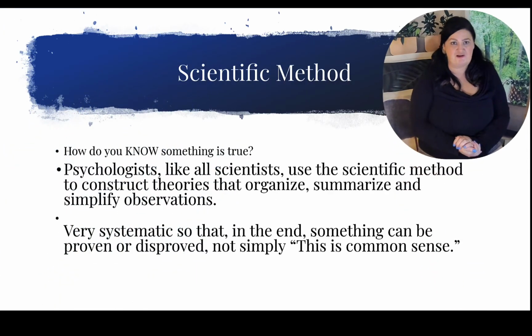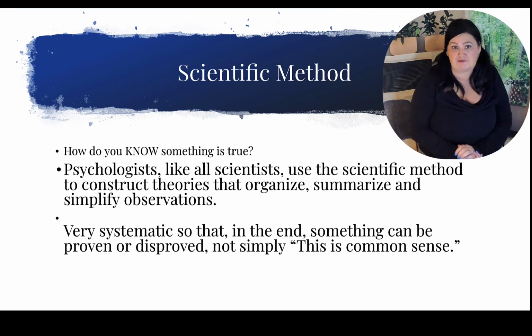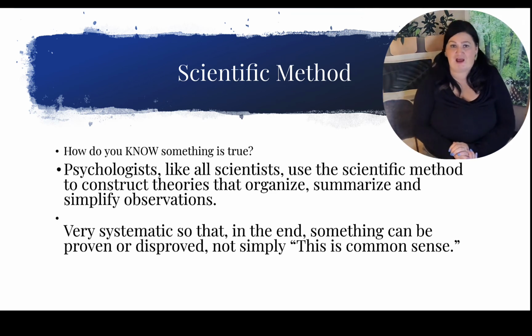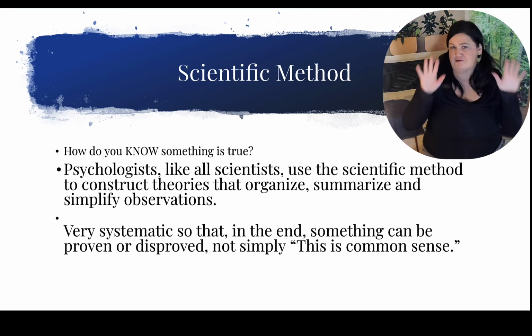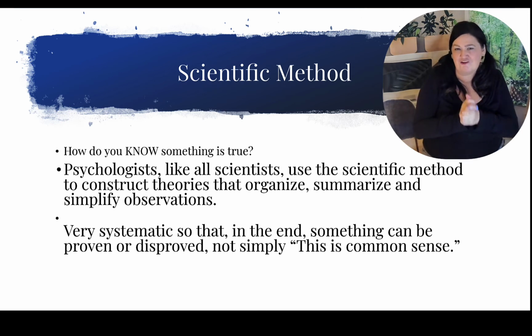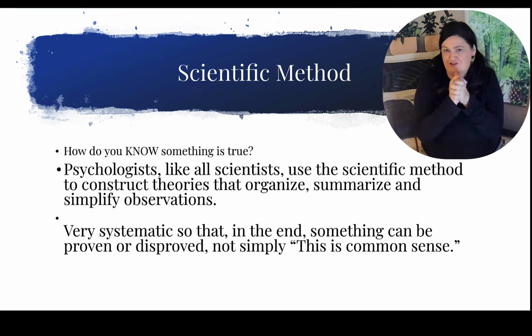Scientific method is up next. I'm hoping that this is kind of a review for you if you've had living environment. So I'm going to go a little bit more quickly. How do we know when something is actually true? I want you to go even bigger and deeper than that now. We'll get kind of philosophical here. What is truth? How do you know if something is close to the truth?